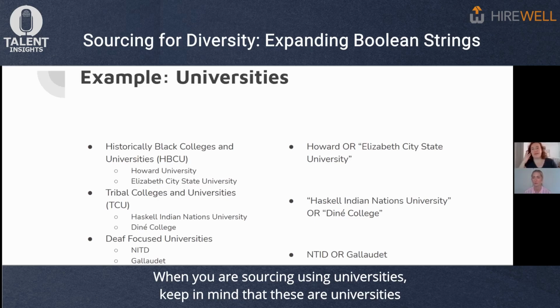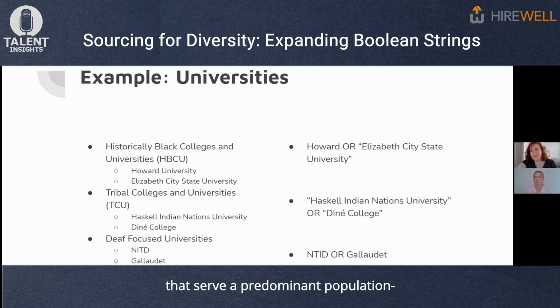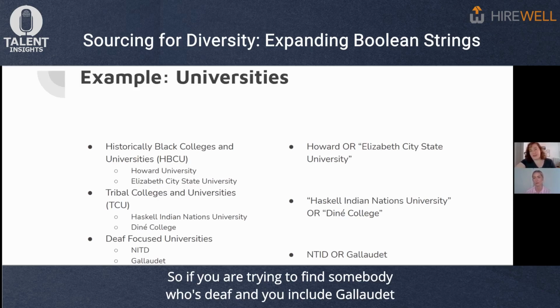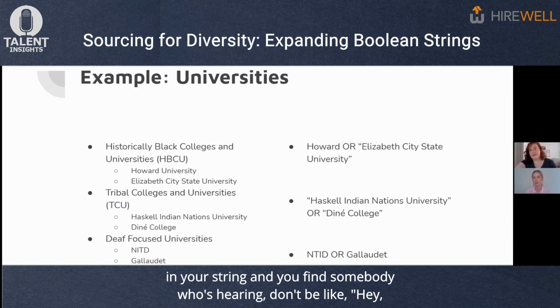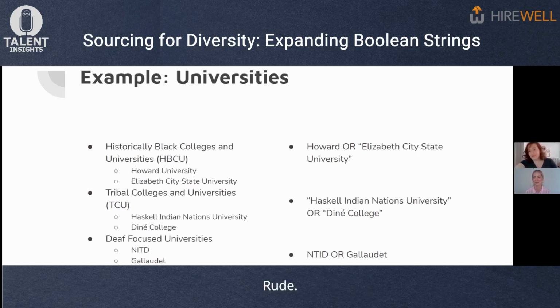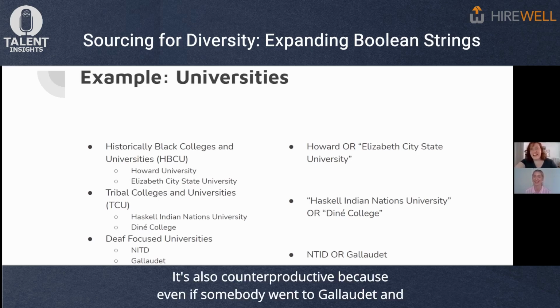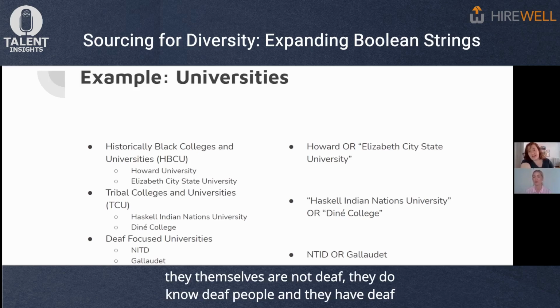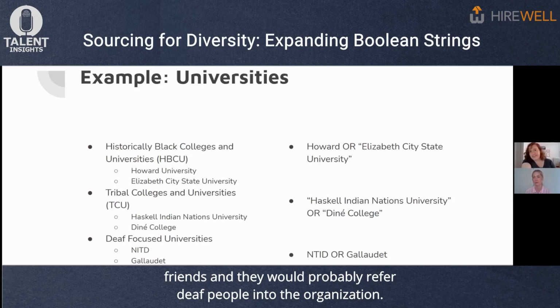When you are sourcing using universities, keep in mind that these are universities that serve a predominant population. They don't only serve that population. So if you are trying to find somebody who's deaf and you include Gallaudet in your string and you find somebody who's hearing, don't be like, hey, I actually wanted a deaf person, so never mind, because that's, 1, rude. 2, it's also counterproductive, because even if somebody went to Gallaudet and they themselves are not deaf, they do know deaf people and they have deaf friends and they would probably refer deaf people into the organization.